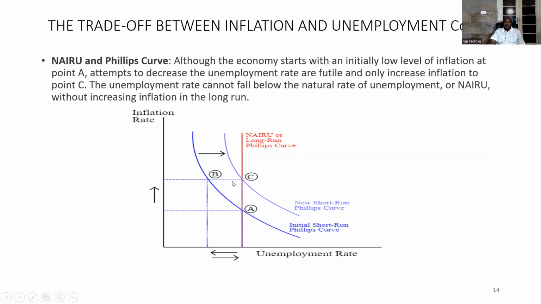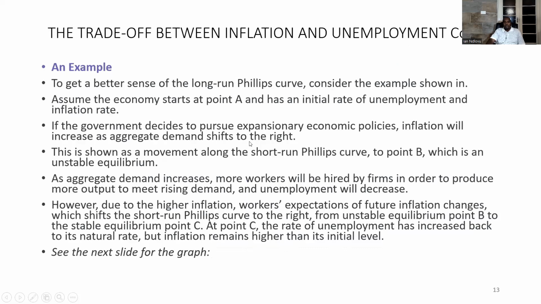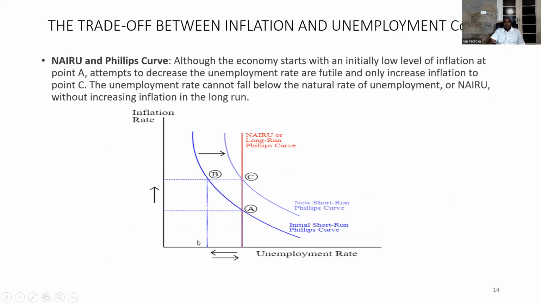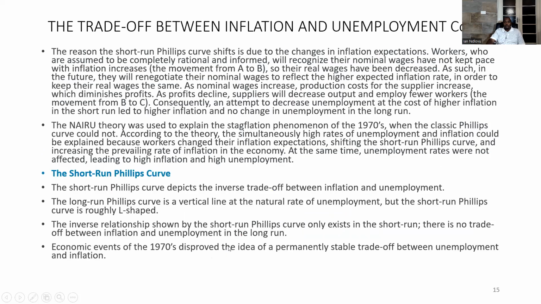When they see inflation acting as an indirect tax of some sort on their incomes, the unemployment rate will increase, falling back to the natural rate of unemployment, which is the non-accelerating inflation rate of unemployment, which is just above this artificially low rate of unemployment.